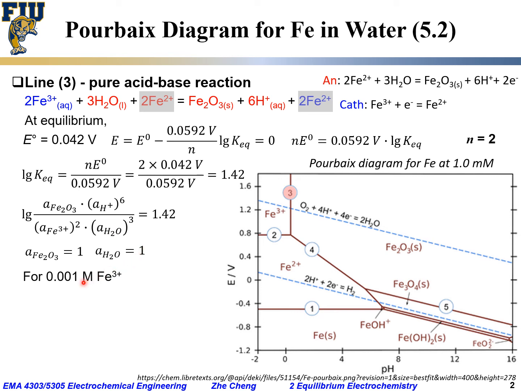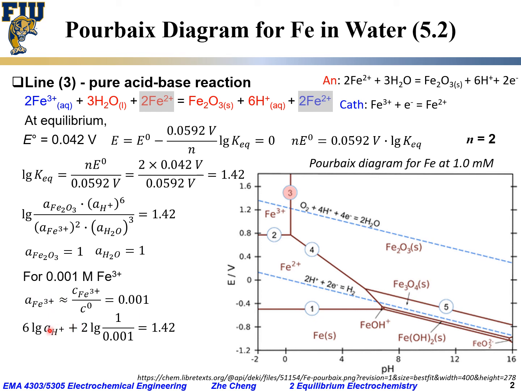Then we are left with something simpler. We said, okay, this Pourbaix diagram is for 0.001 mole of ionic species, which means for iron 3, the activity for such dilute solution would be approximated by concentration divided by standard concentration, which turns out to be 0.001. Unitless. Remember, activity is always unitless.